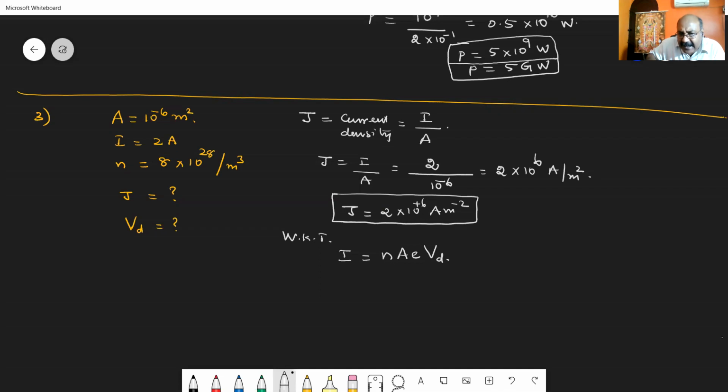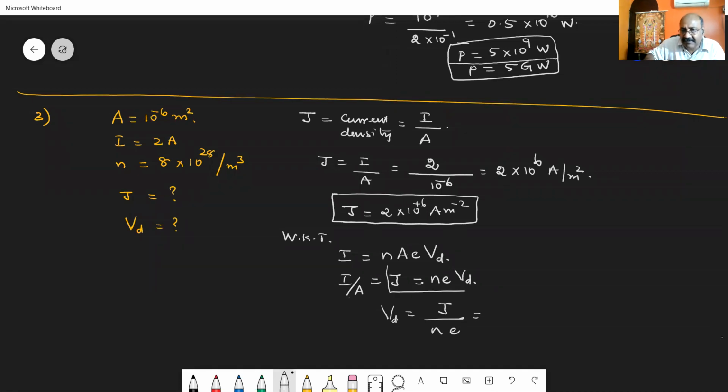This equation can be written like this: I divided by A equal to J, because A can be divided here, equal to N into E into V suffix D. From this relation, V suffix D is equal to J divided by N into E.